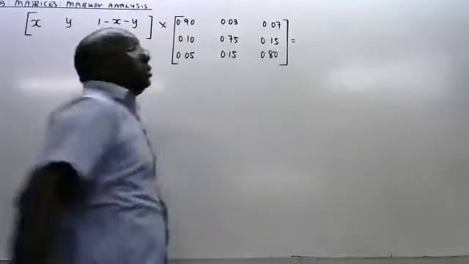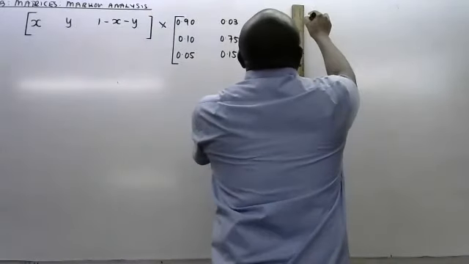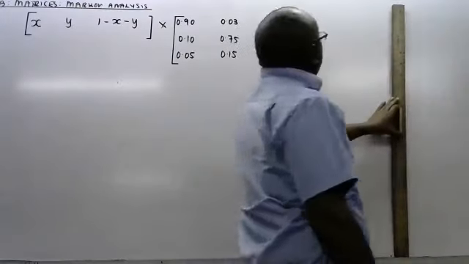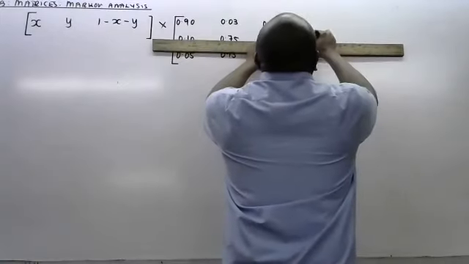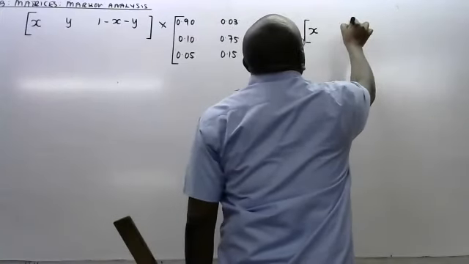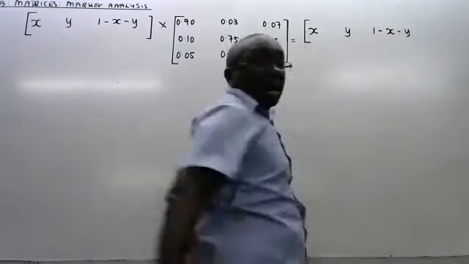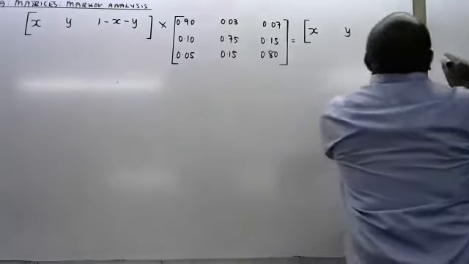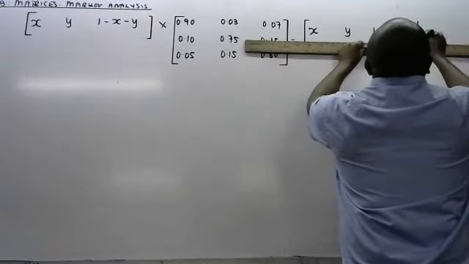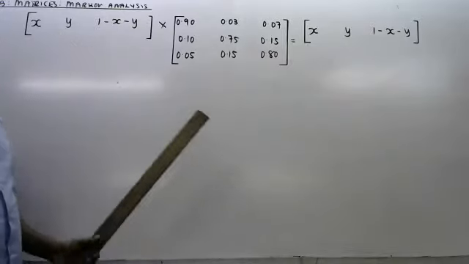Should be equal to, put at this side, you should get x, y, 1 minus x minus y, because we say in the long run, they are equal.